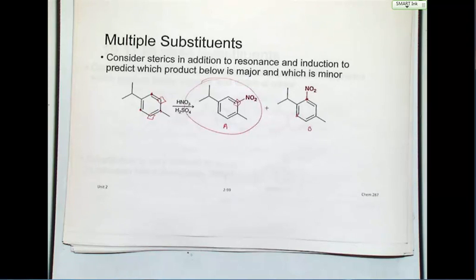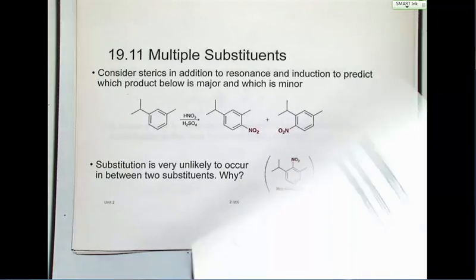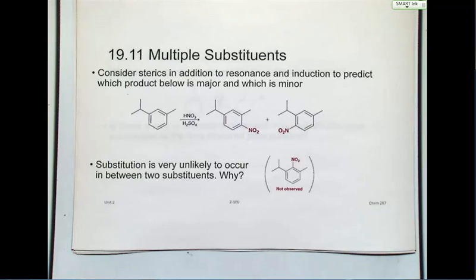That can be a difficult thing to accomplish. It can be quite difficult to do. So that's a problem we're going to run into, and we're going to figure out how to solve it. So take a look at this one and try to predict major, minor.